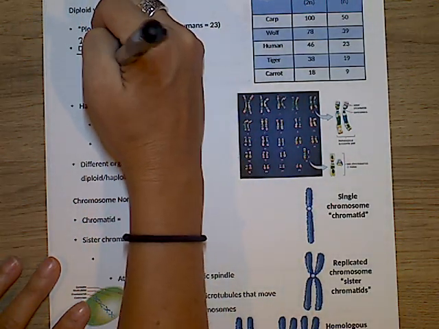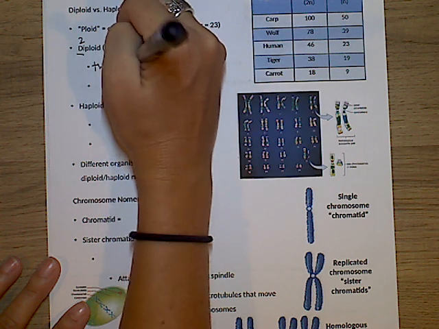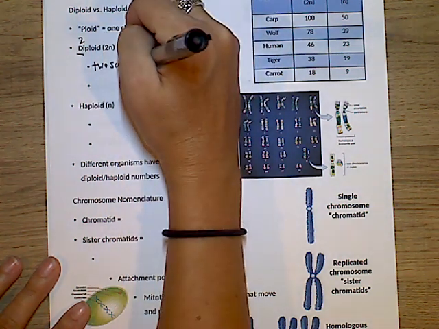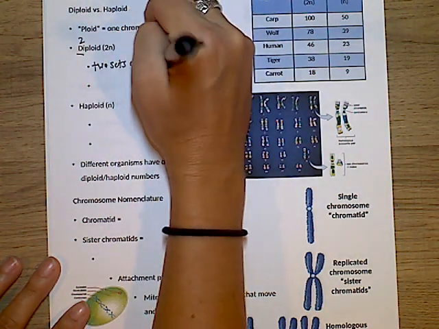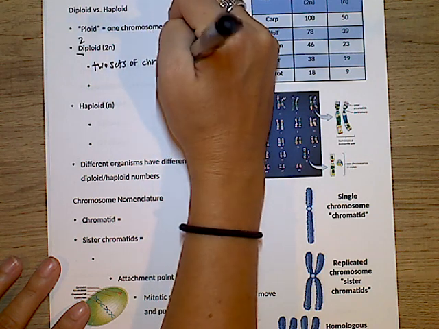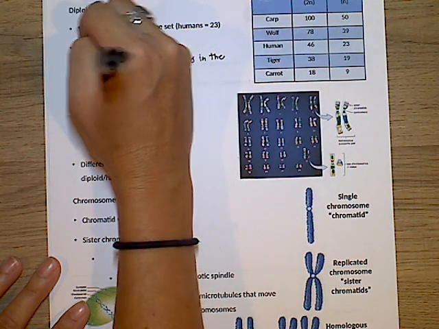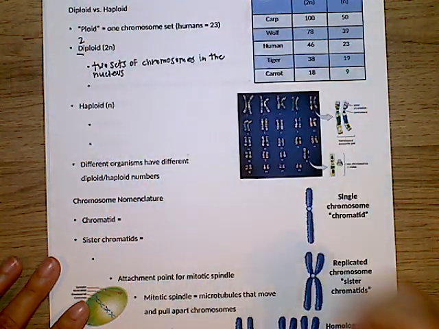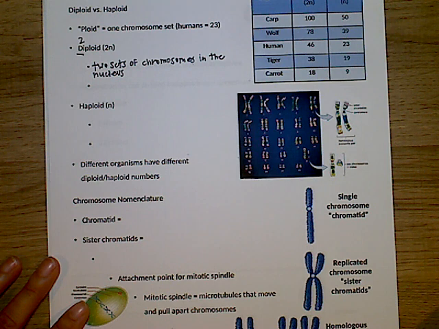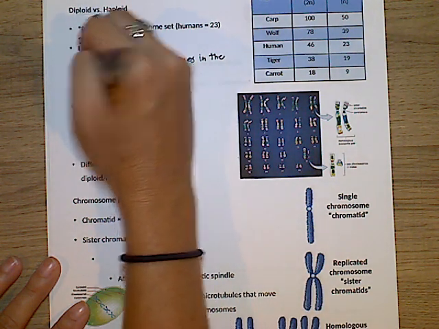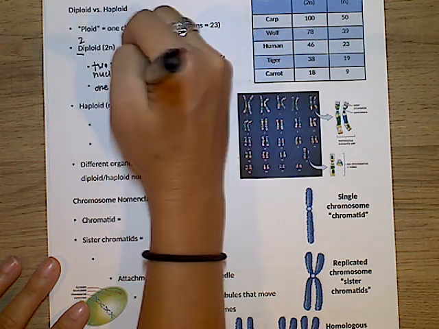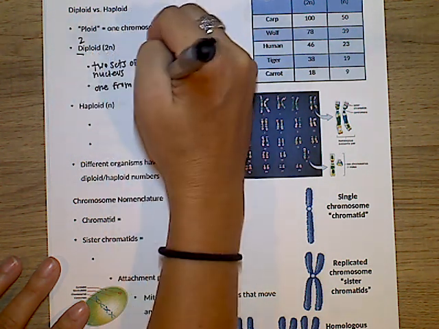So we have 2 sets of chromosomes in the nucleus. And like we mentioned earlier, one from mom, one from dad.